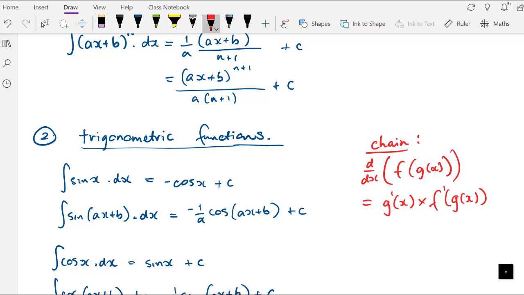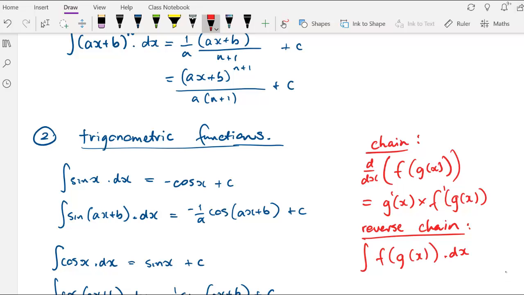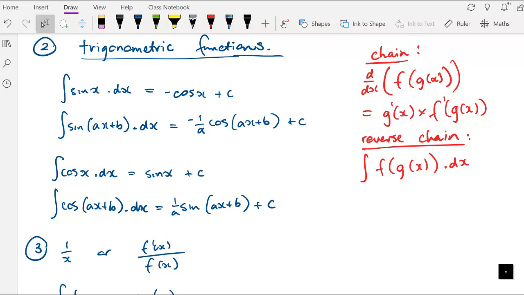So when we find the derivative we're multiplying by the derivative of the internal function, and when we're reversing that chain and we're doing these simple integrals, then when we find the integral of f of g of x with respect to x, it's going to be 1 over this derivative and then multiplied by that primitive of the original function.